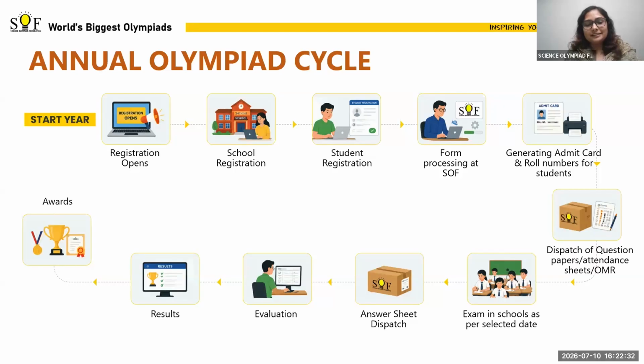And finally, it is celebrated. Every year we recognize and celebrate the dedication and efforts of each one of you through our annual SOF Awards ceremony. So this is the complete process. Let's move further.